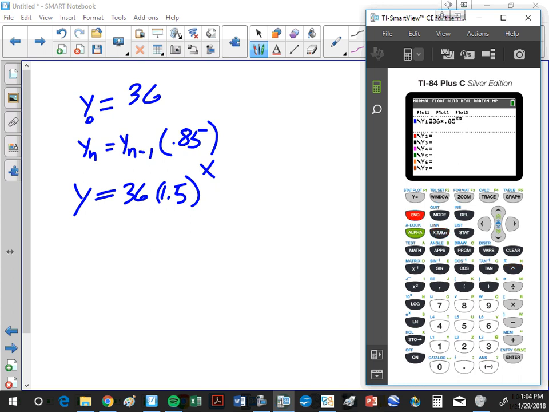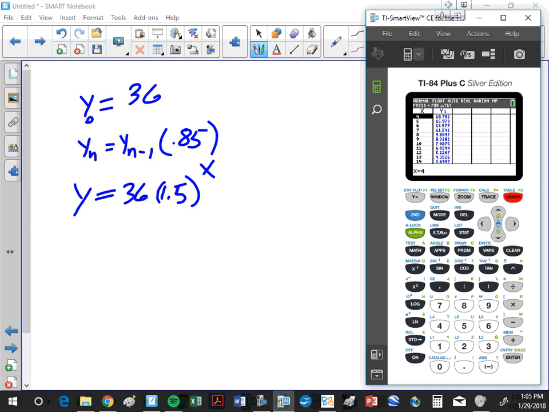And then I do second table. And this will help me find the number I'm looking for. And it looks like the answer is exactly 9. Right? 9 matches up with 8.338 exactly. So the answer is 9 weeks.